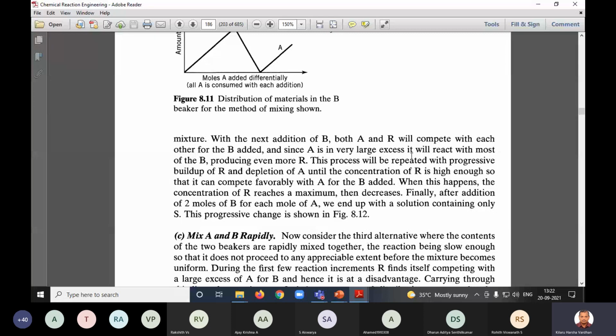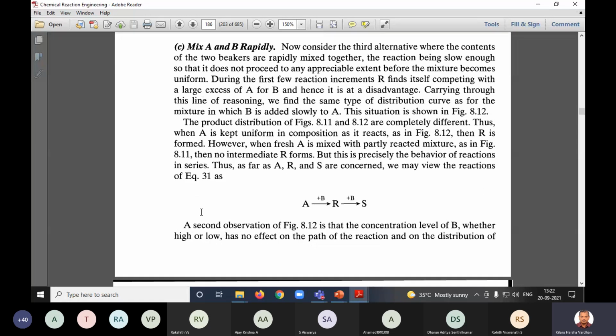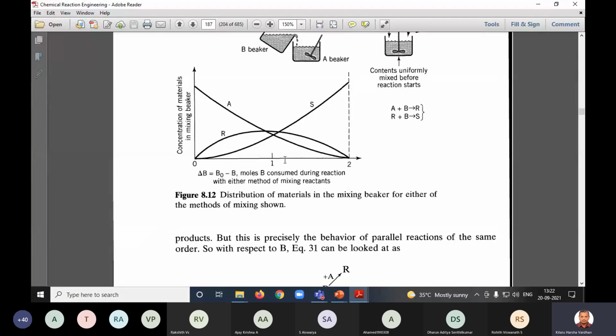Since A is in large excess, it will react with most of the B, producing even more R. This process will be repeated with progressive buildup of R and depletion of A until the concentration of R is high enough so that it competes favorably with A for the B added. When this happens, the concentration of R reaches a maximum, then decreases. Finally, after the addition of 2 moles of B for each mole of A, we end up with a solution containing only S. This progressive change is being shown here.